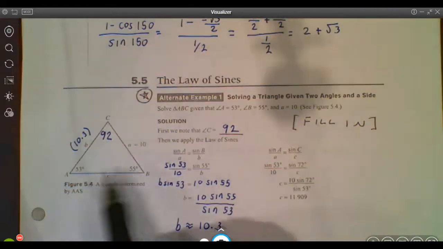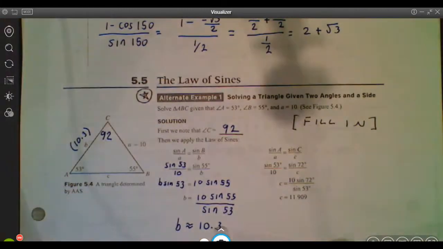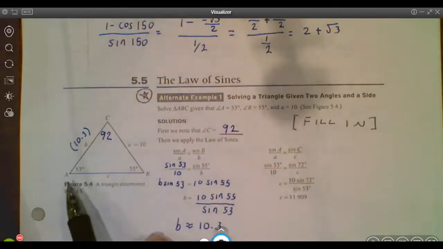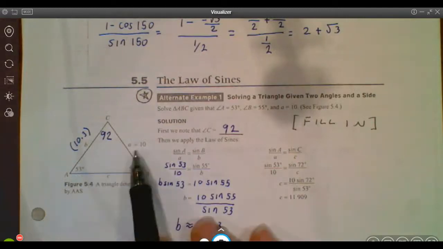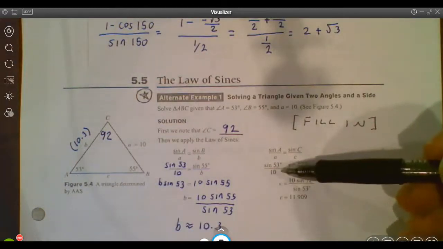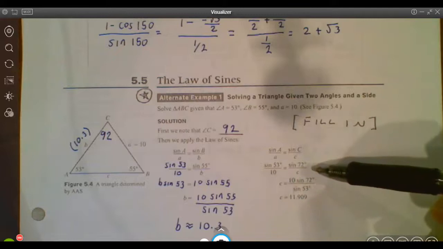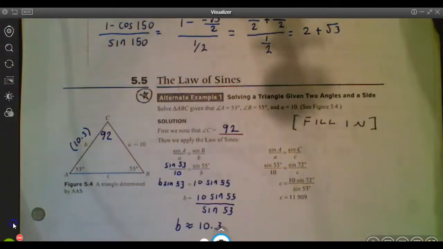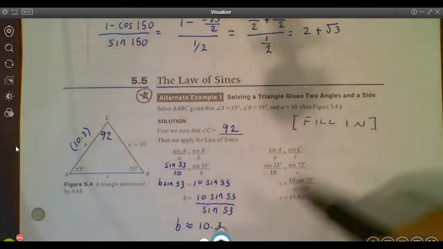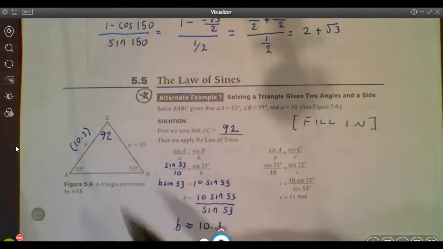Now, looking for my one last side, again I'm just going to pair up another combination of numbers. I always recommend using values that were given to you. So I'm going to stick with my sine 53 over 10 as one of my ratios, and my other ratio is going to be the unknown that we're trying to find. I am noticing over here that I threw in the wrong number. It should have been 72.